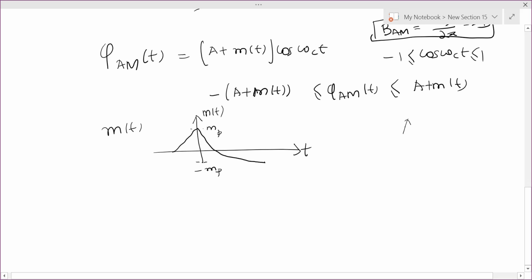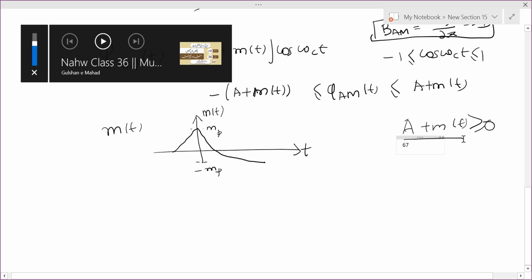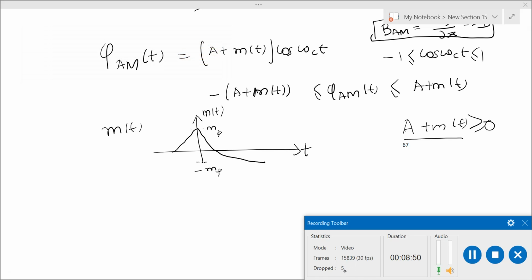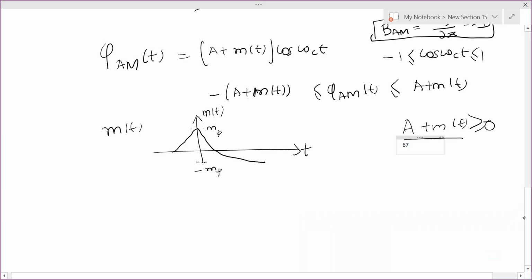So one is that A plus m of t is always positive. So the value of amplitude is such that A plus m of t is always positive. Now in that case, how to plot? See, you have a cosine.